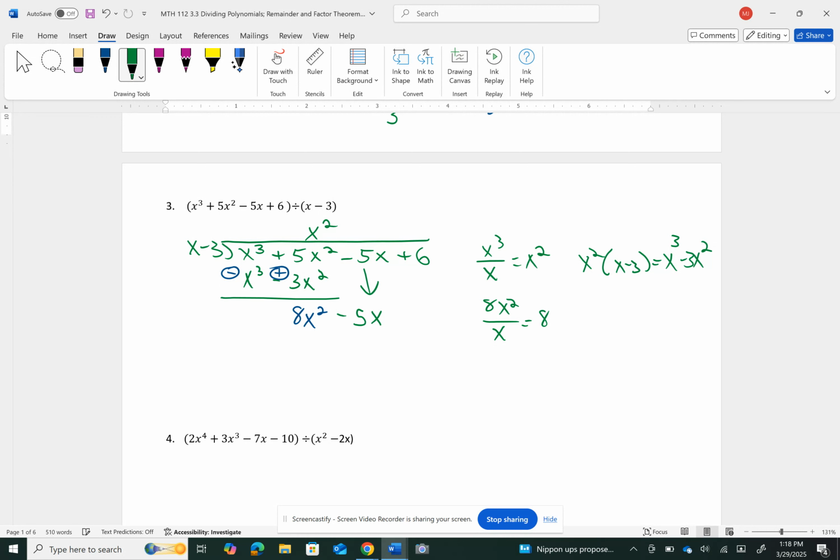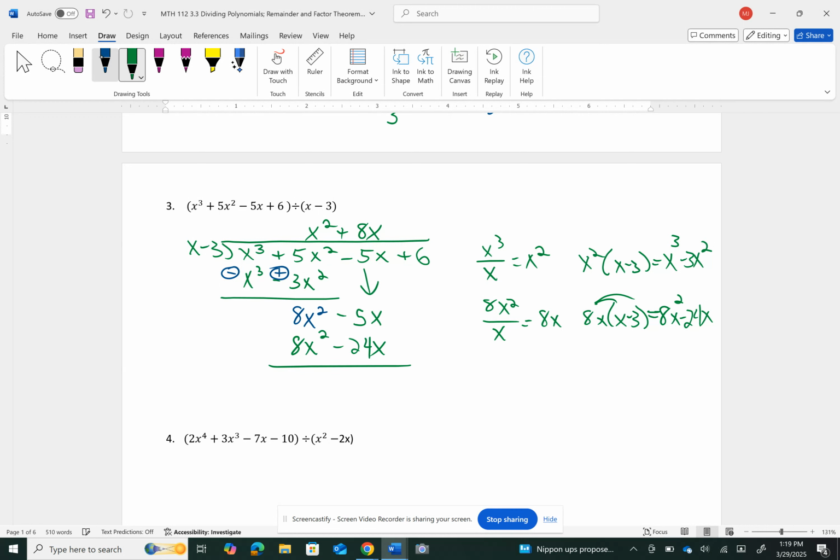One of the x's cancels, and I'll have an 8x left. I got an 8x when I did the division step. Now I'm multiplying back, and I'm going to get a positive 8x squared minus 24x. So I'm going to line that up right here.